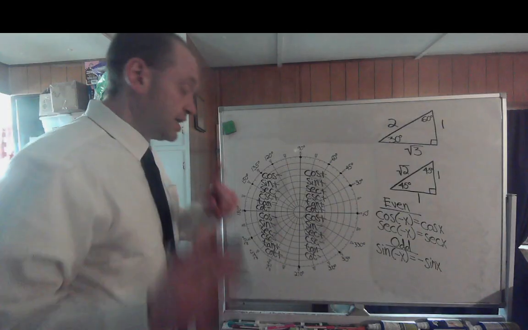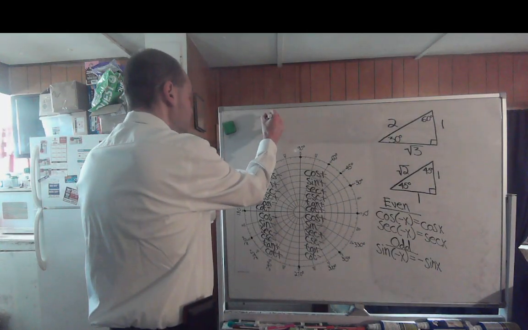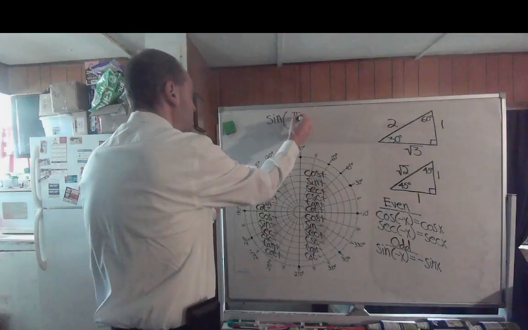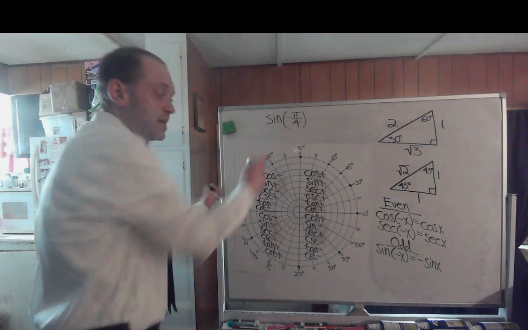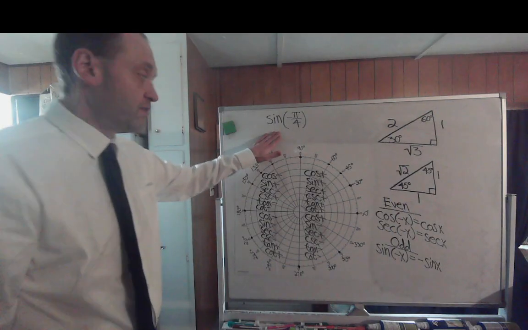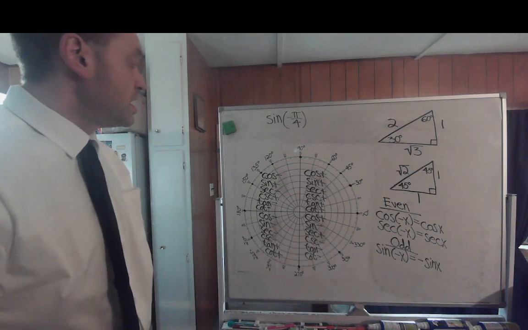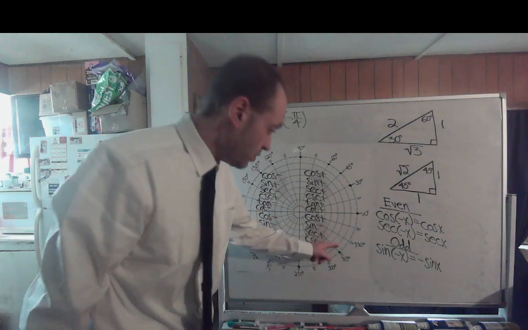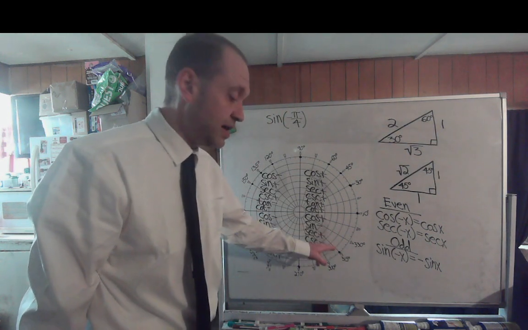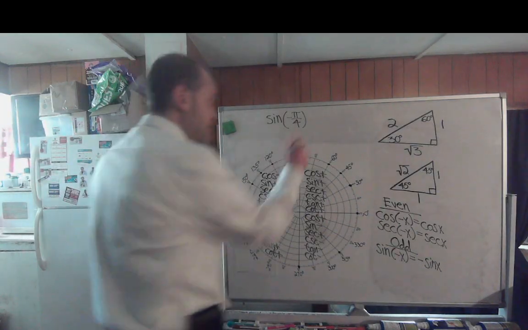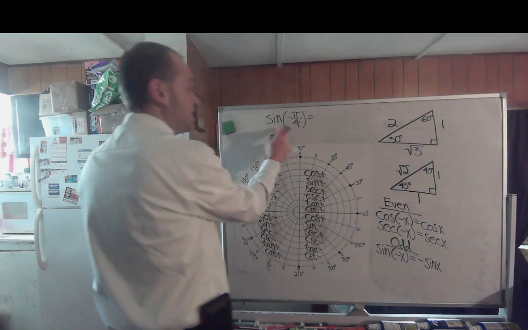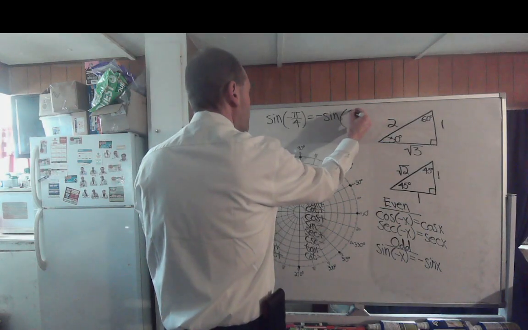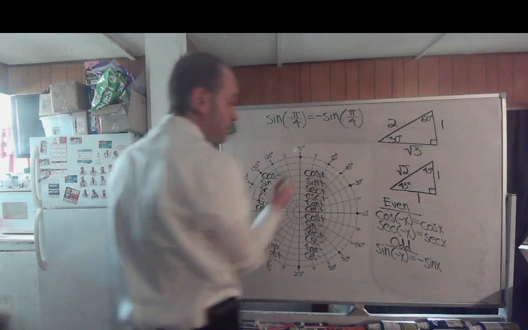So let's do the same thing here then as the sine of negative pi over 4. And you can do this with any angle. I'm just using negative pi over 4 to make this easy. So sine of negative pi over 4, well, that negative pi over 4 puts me in the fourth quadrant, right? That's like a 45-degree angle in the fourth quadrant, and my sine is negative. So therefore, we could say sine of negative pi over 4 equals negative of the sine of pi over 4. It works the exact same way.